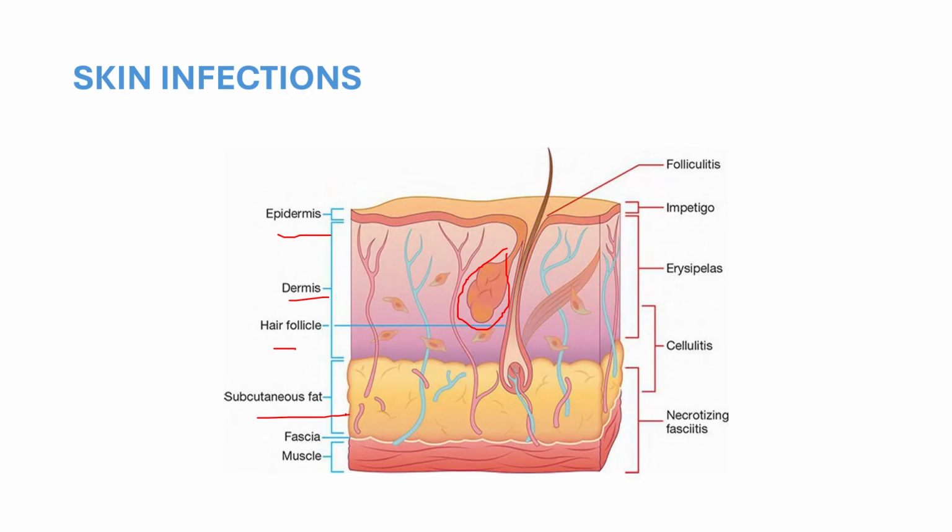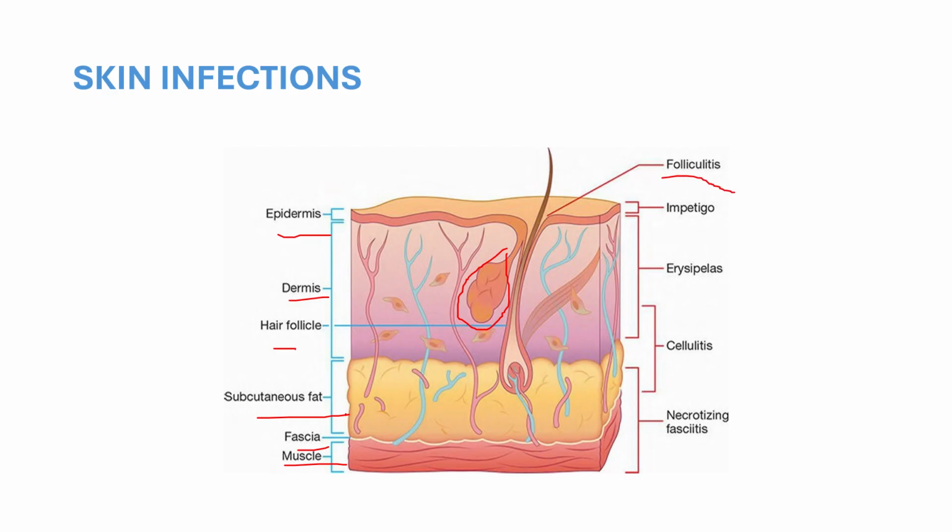Then there is subcutaneous tissue below the dermis, and below that there is a fascia which separates it from the muscle layer. And deeper you have the bone. This is the layer. So when you talk about the kind of infections that involve the different skin layers, here we'll just see the terminology. We'll discuss that as we go along.